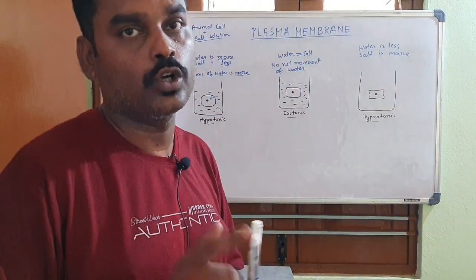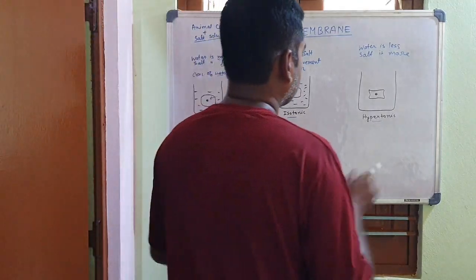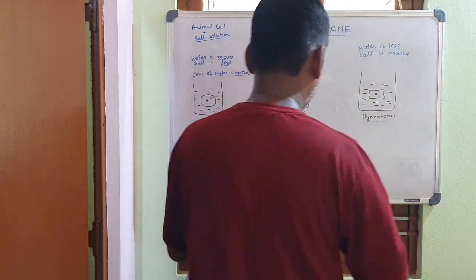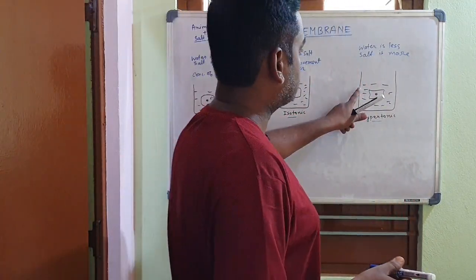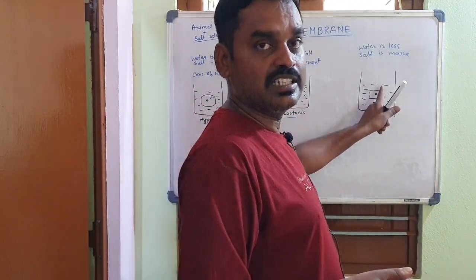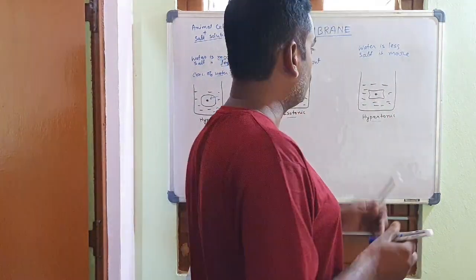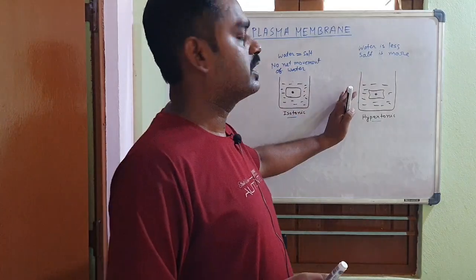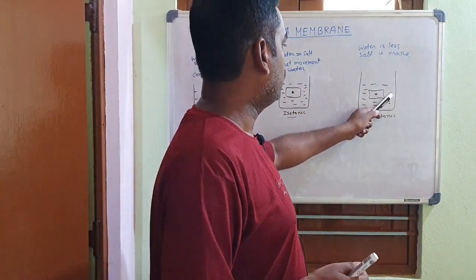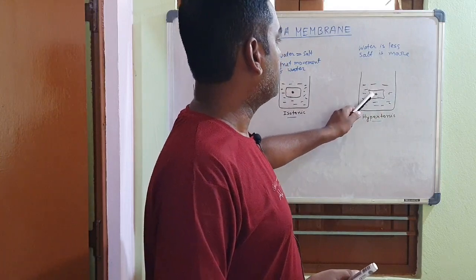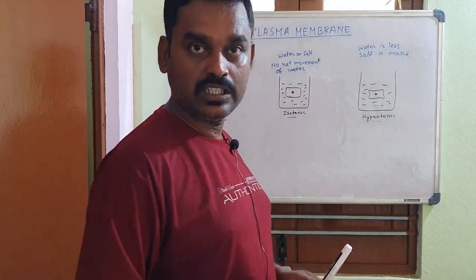If we place the animal cell in this hypertonic solution, then in the surrounding medium there is less water concentration, and inside the cell there is more water concentration. We make the experimental setup just like that.